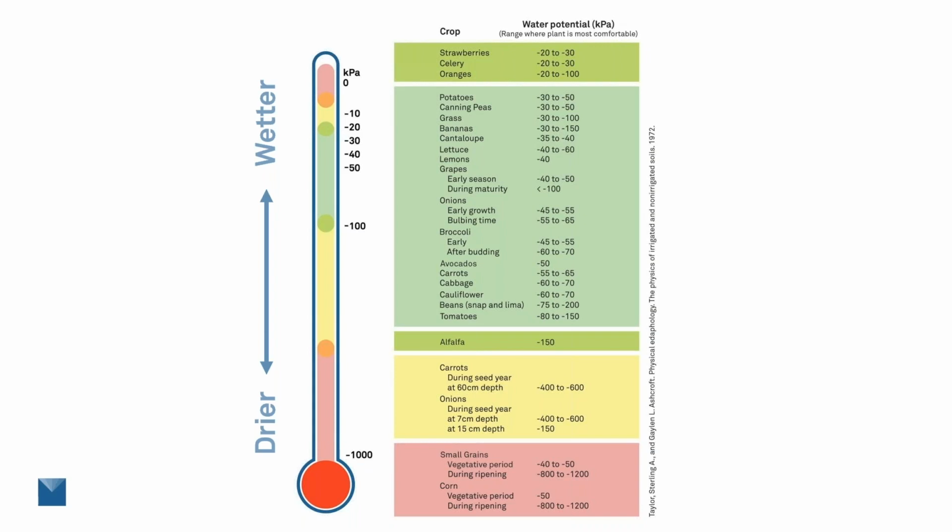For example, we can look at the very bottom at corn, and of course I'm a little biased because that's what my master's work was on, but as you can see, during the vegetative period, corn really prefers to be up in that negative 50 range, whereas during ripening and that dry down period, it actually prefers the soil to dry out quite a bit.